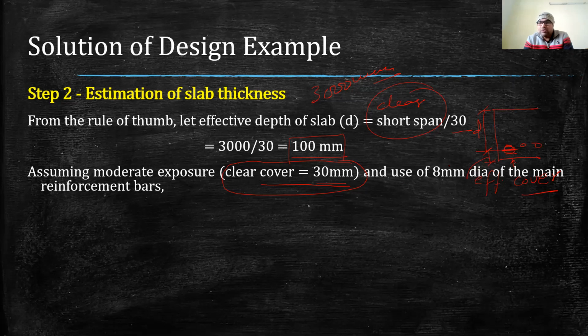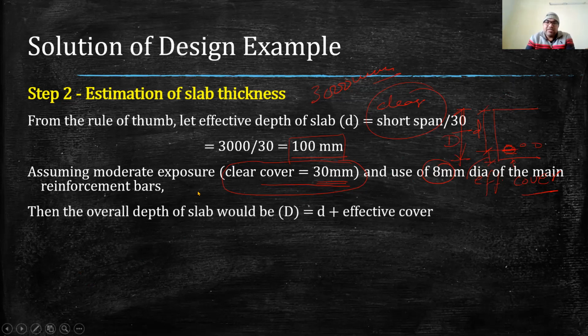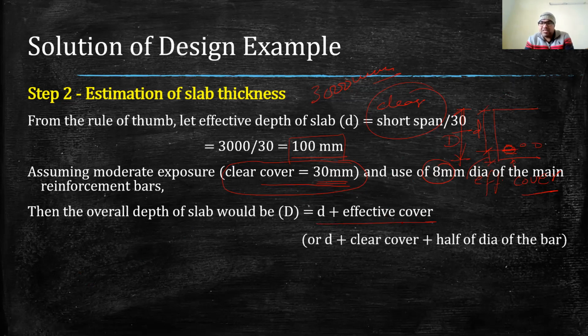Then only we will be able to find the overall thickness of the slab, which is represented as capital D. Capital D can be calculated as D plus effective cover, and effective cover is the summation of clear cover plus half of the dia of bar. If we already know the effective cover, we can directly add it to the D, or we can assume the clear cover based on the exposure and the dia of bar.